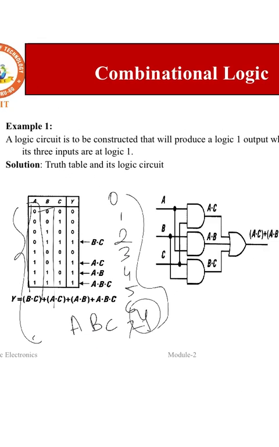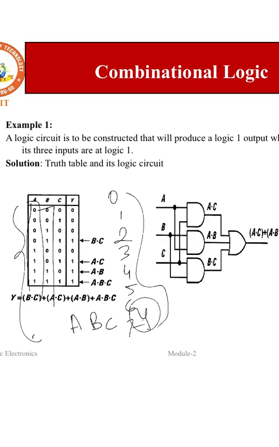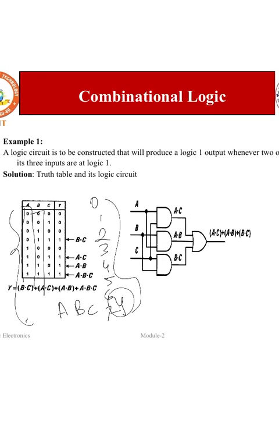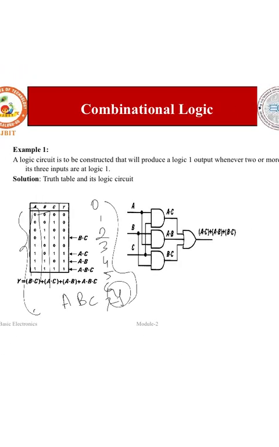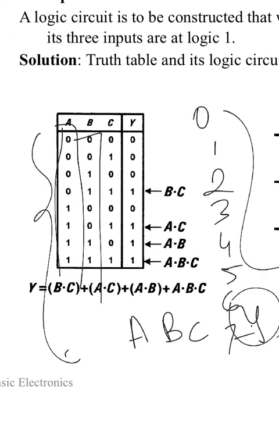Now we need to look into the output. The logic circuit is constructed such that it produces logic 1 output. Output should be logic 1. So we will realize it.